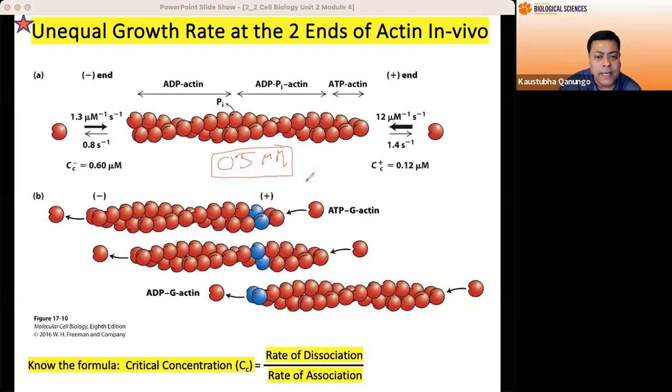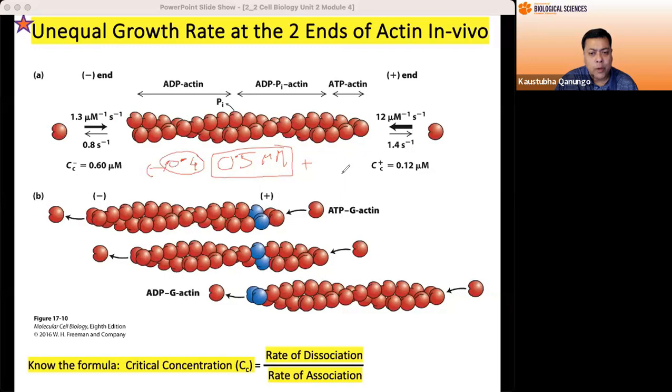And then you see that at one end, suppose this is the plus end, and here you have the minus end, there are two different values. And both of them are actually less than this. So for example, suppose you see 0.4 right here. And 0.4 is indeed less than this.